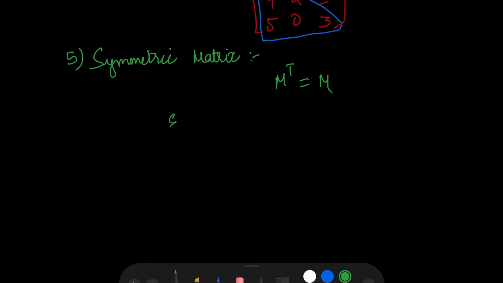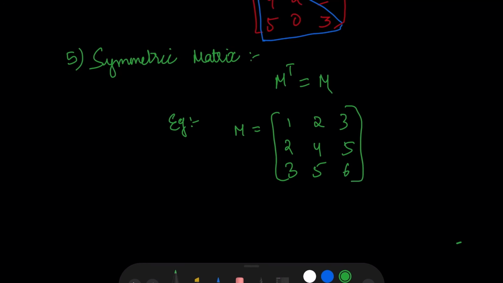So let us take an example for this, where M is equal to 1, 2, 3, 4, 5, 6. So this is a matrix M, and if the transpose of the matrix M is equal to the original matrix itself, then this matrix can be called a symmetric matrix.